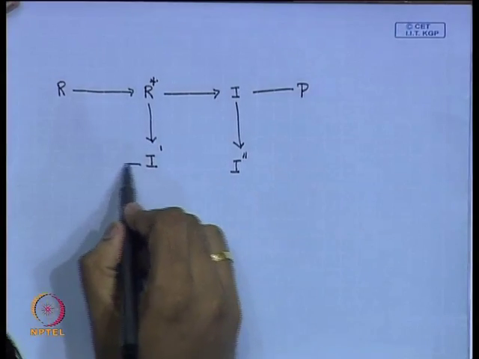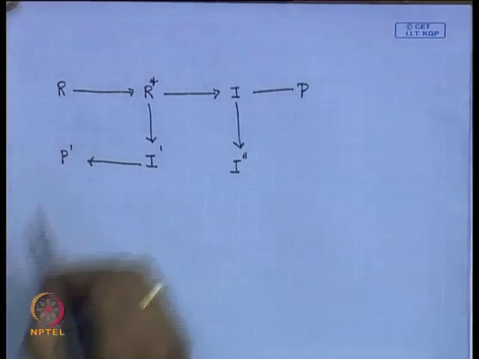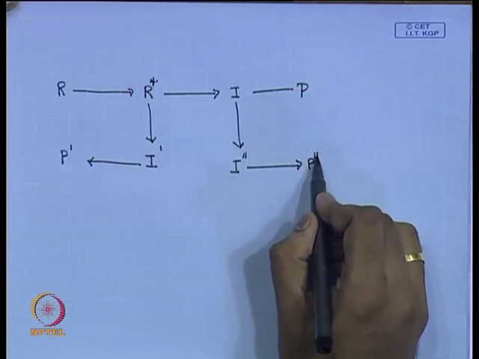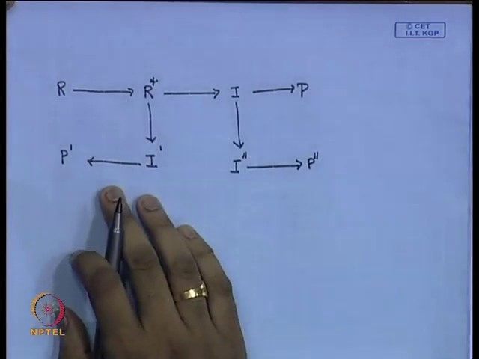From I prime I can get another product, which we call P prime, and from I double prime we can get another product we call P double prime. So, we call these competitive product inefficiency steps.